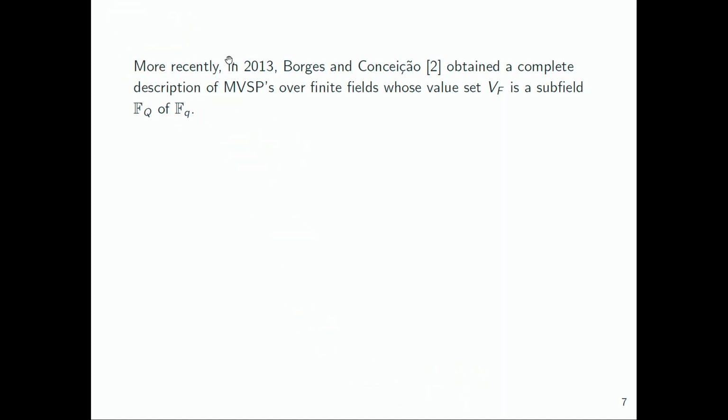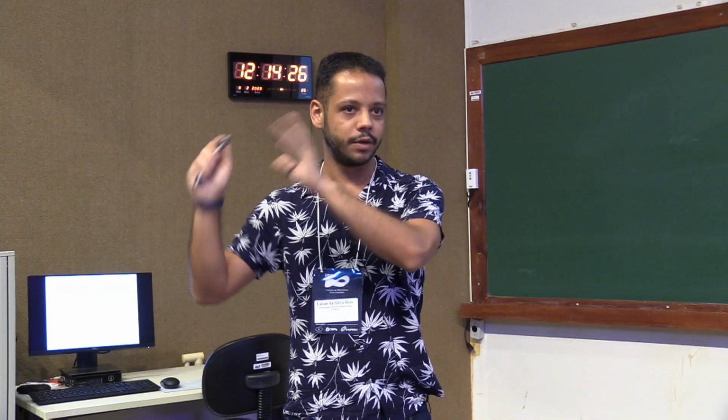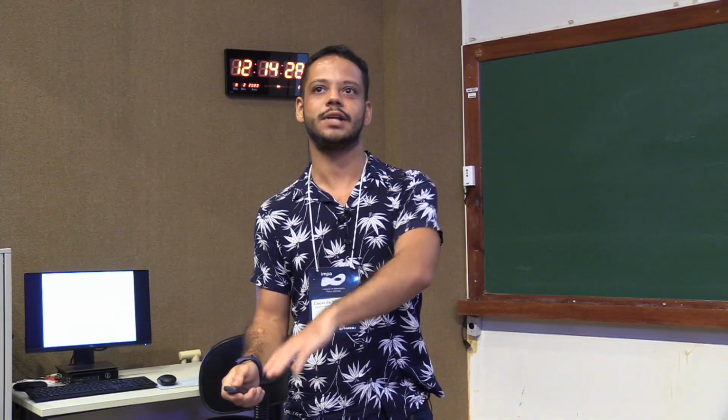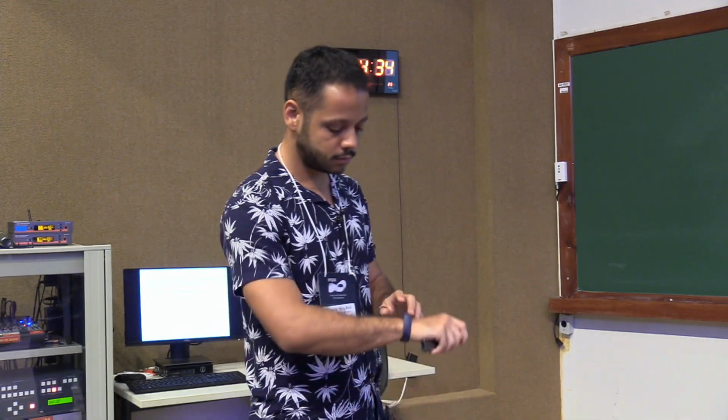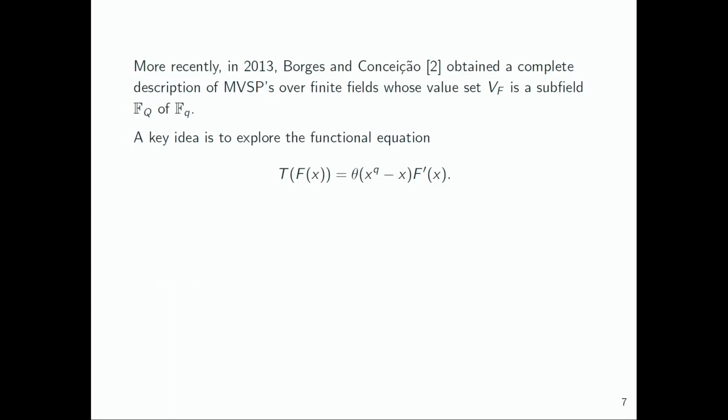And more recently, in 2013, Borges and Conceição obtained a complete description of MVSPs when the value set is a subfield, right? So we're now changing things. We've prescribed the value set and ask where the MVSPs with this value set are. In that paper, the key idea is to explore this functional equation, which is given for general MVSPs.